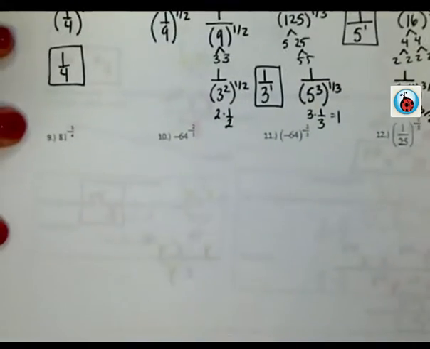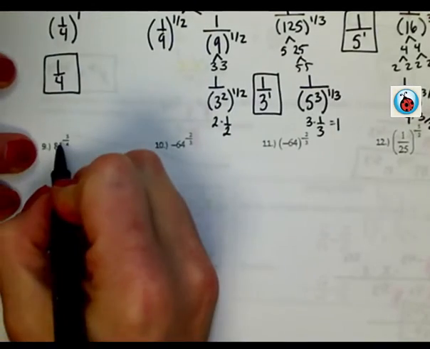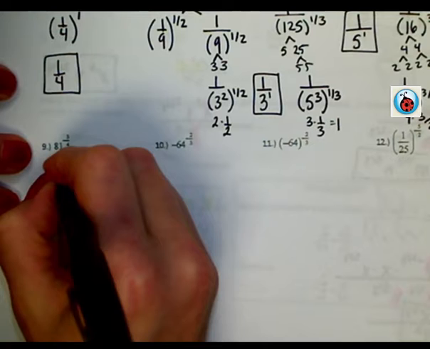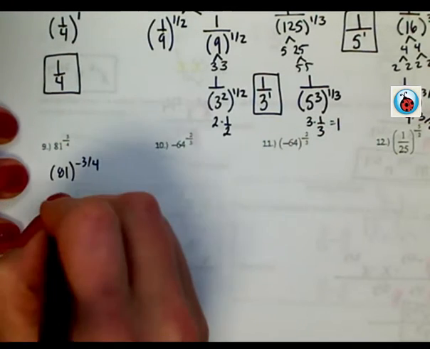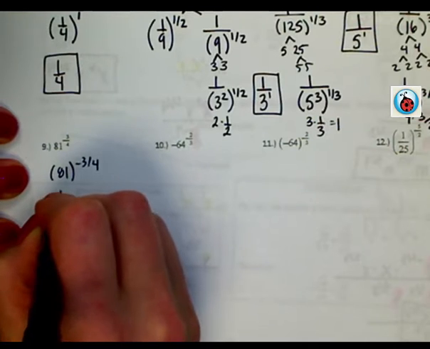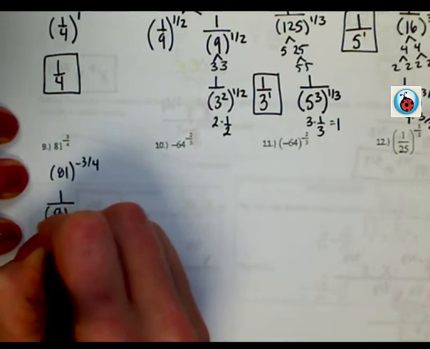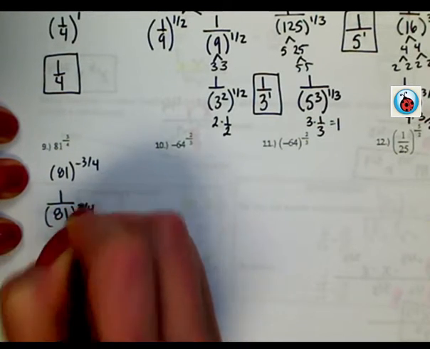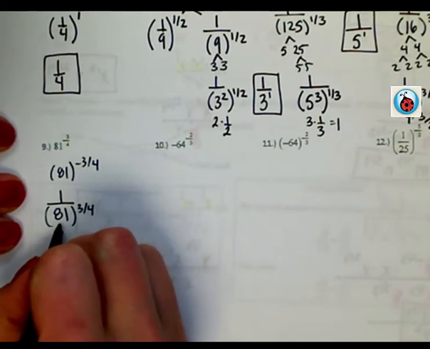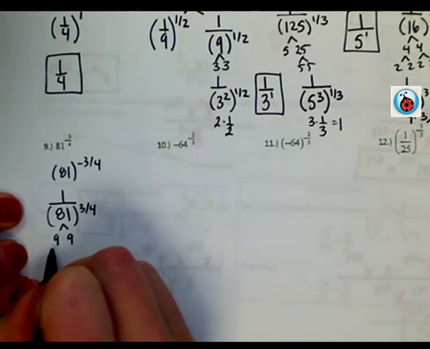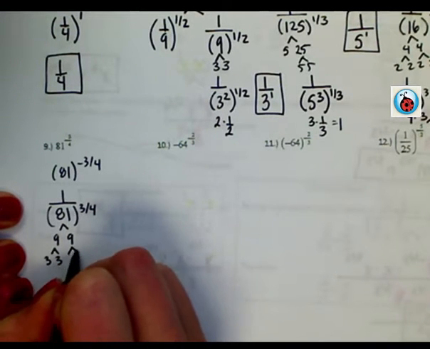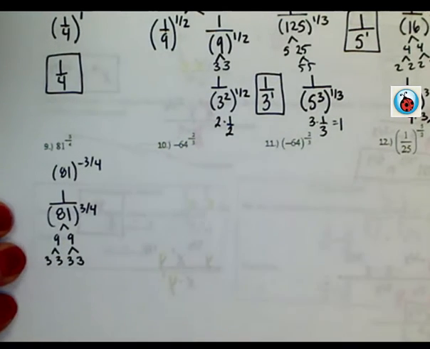Now let's do the next row. Okay, negative exponent. 81 to the negative 3/4. Okay. All right, let's do a factor tree. Now I know 81 is 9 times 9, but that breaks down even further into 3's.